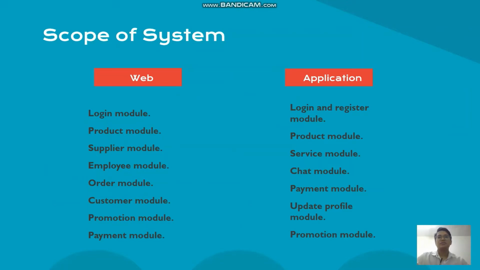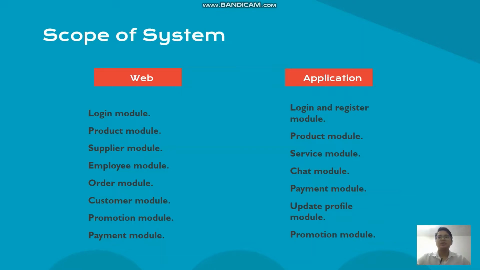So for the scope of the system, there will be two, which are web and application. For the web, there will be a login module, product module, supplier module, employee module, order module, customer module, promotion module, and payment module.